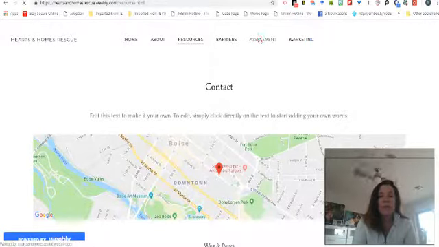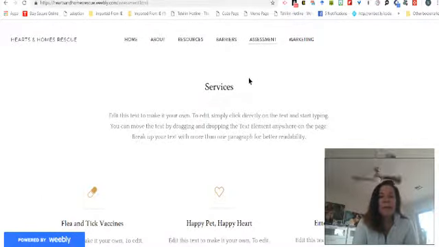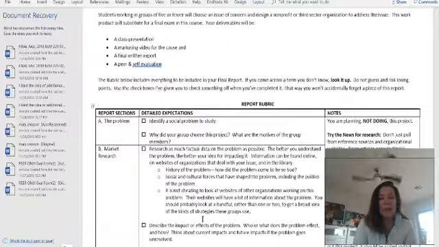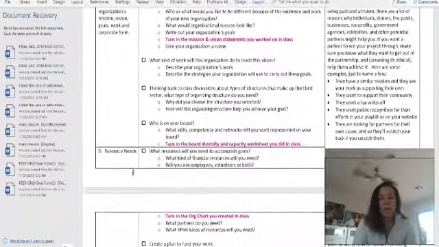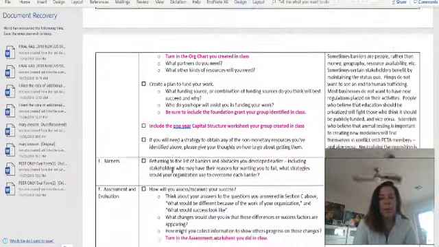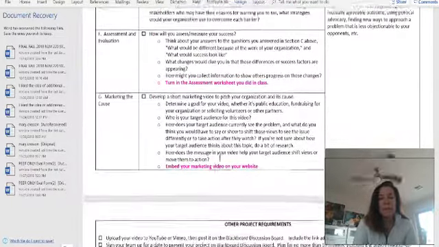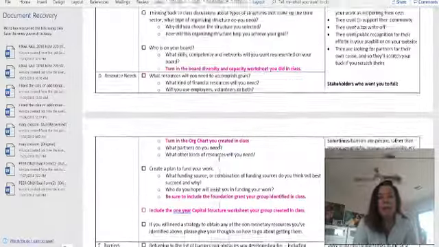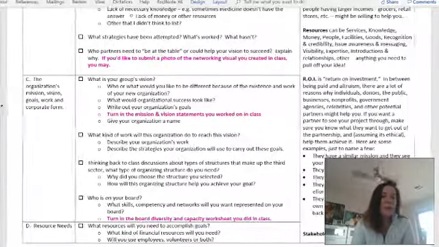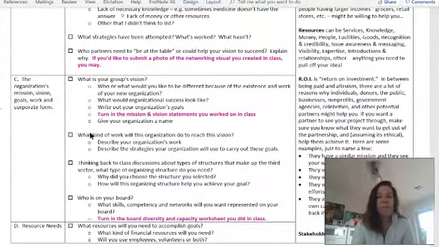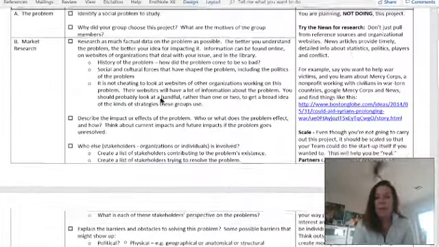The reason I'm showing them to you is just so you can see that each of these tabs corresponds to something that I've asked you for: resource needs, barriers, assessment, marketing, etc. So behind each of those tabs, you would upload the parts of this rubric and report that match what you've been asked for.